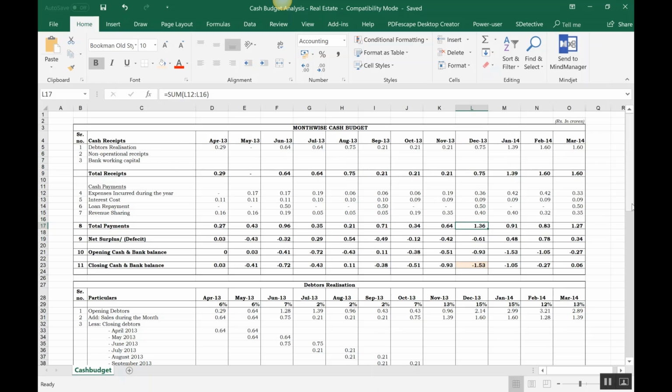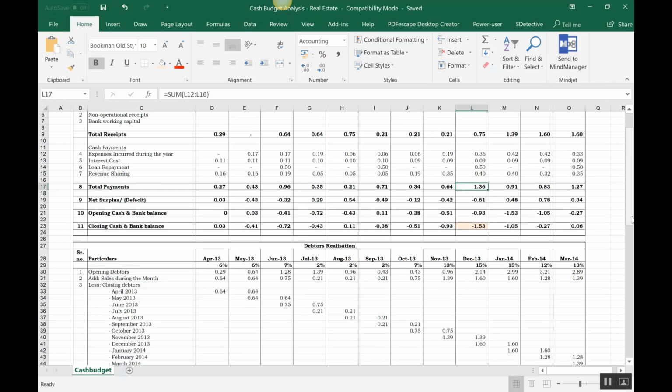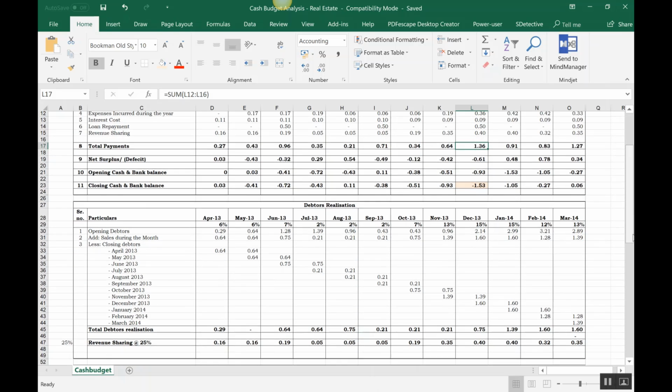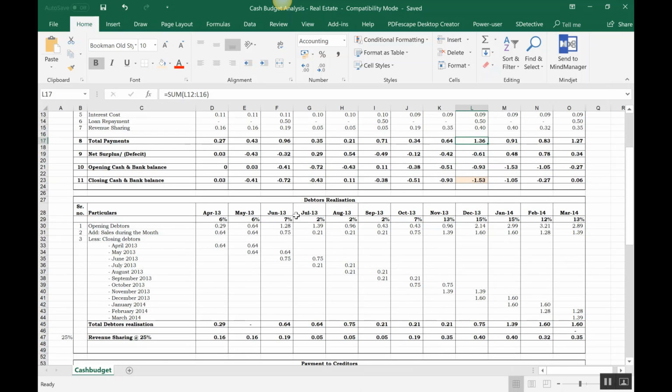So let's see how the debtors realization segment looks. As you see over here, this is the debtors realization section where we have the opening debtors, add sales during the month, and less the closing debtors.